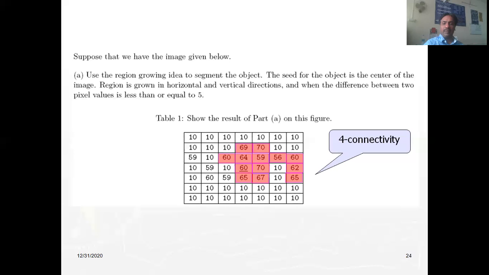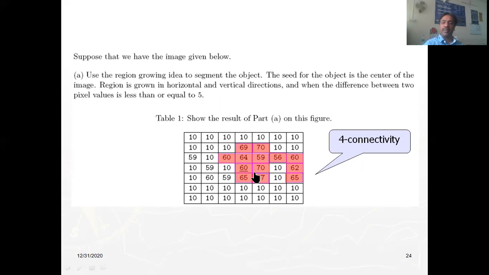Then similarly, we continue with the other pixels. If you consider 65, we cannot add 59, we cannot add 10. However, for 65, 67 can be added because the difference between 65 and 67 is less than or equal to 5.